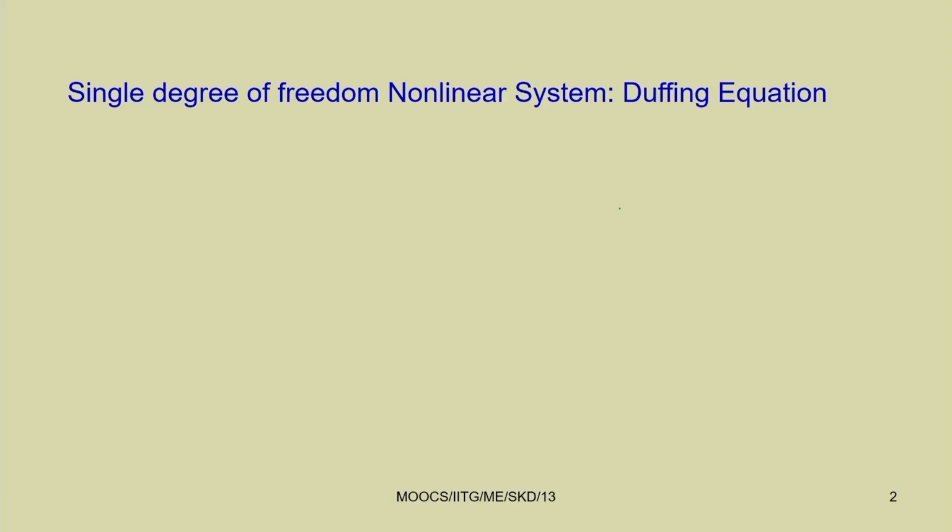Already we are familiar with different types of response. For example, we know this equation has a fixed point response, periodic response, quasi periodic response and chaotic response. So, 4 different types of response we know.